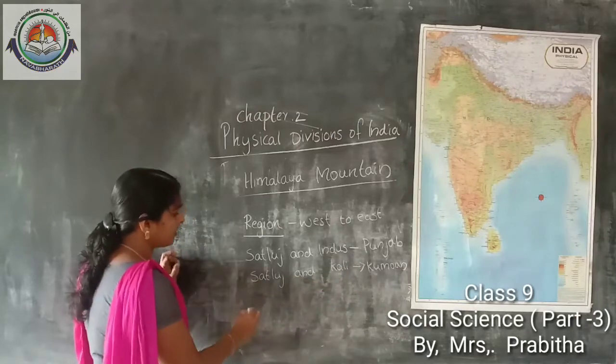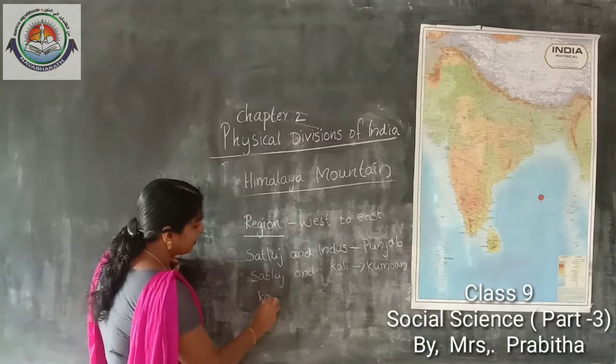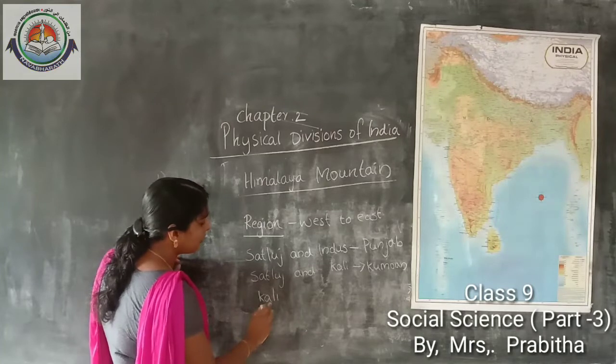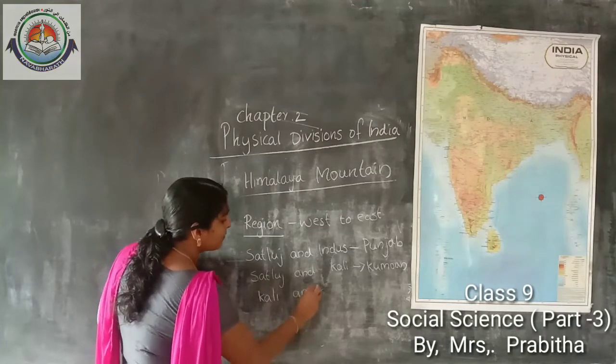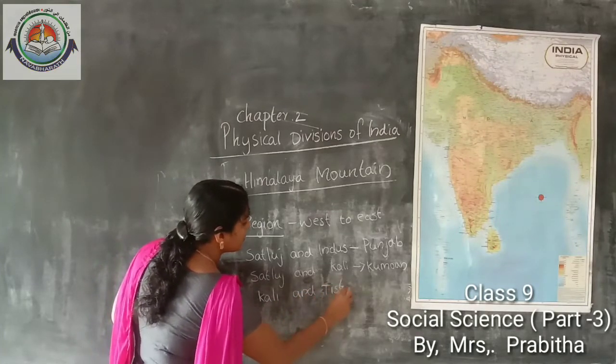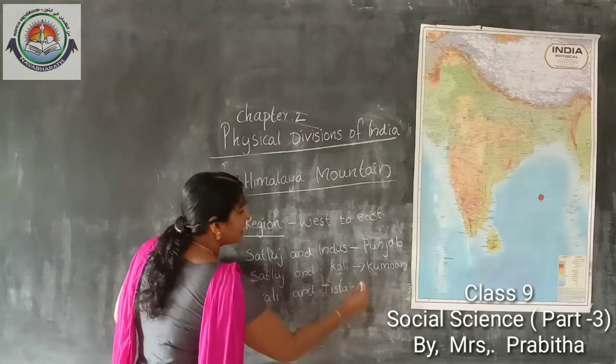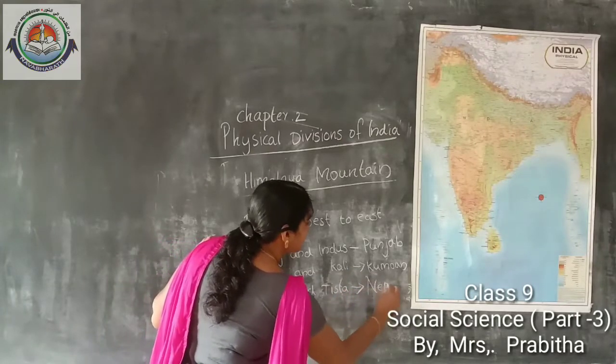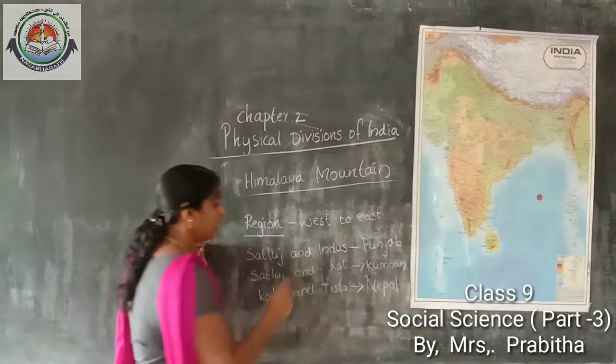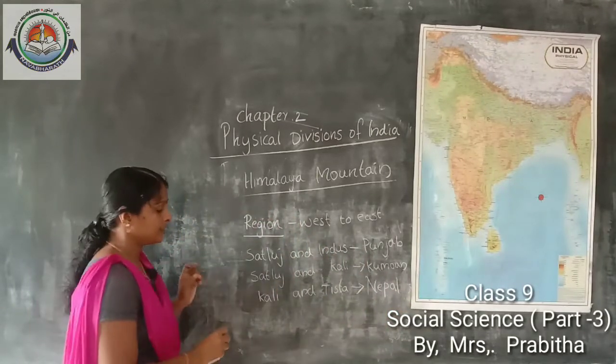Next, the Himalaya lying between Kali and Tista river is known as Nepal Himalaya.